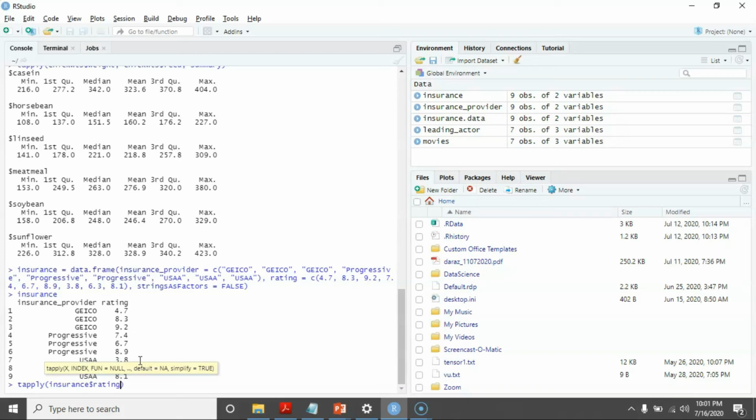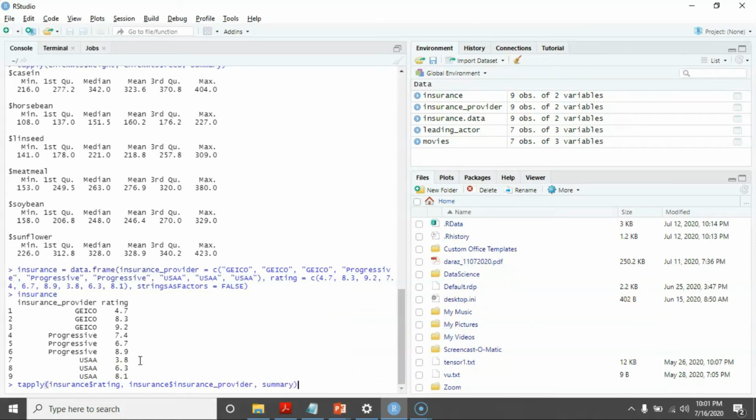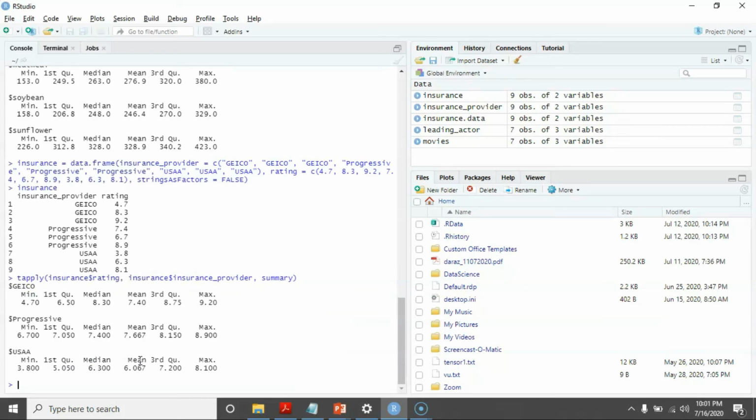We have rating, we have provider, and what we want, summary. Simply enter, you will get the value. Now you can interpret it yourself.